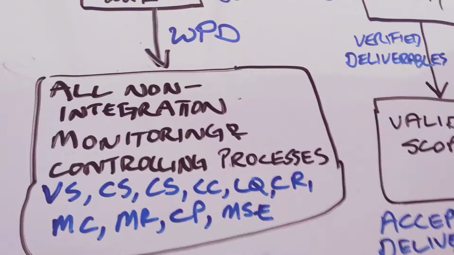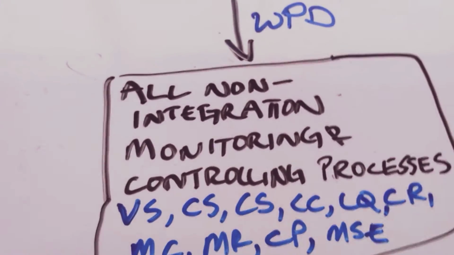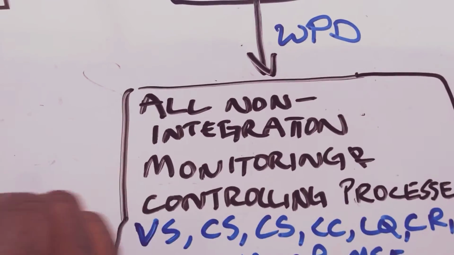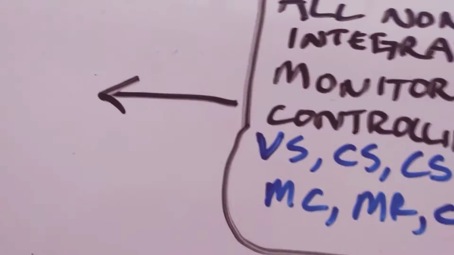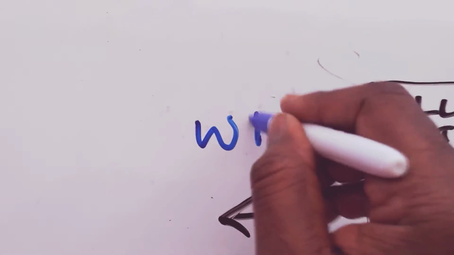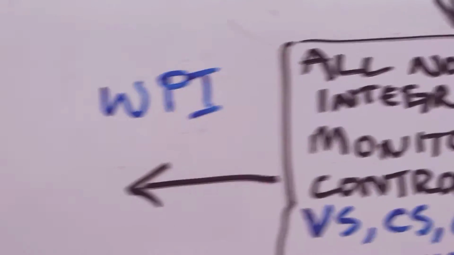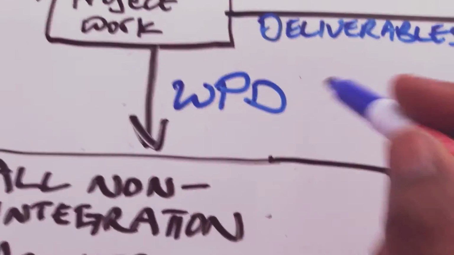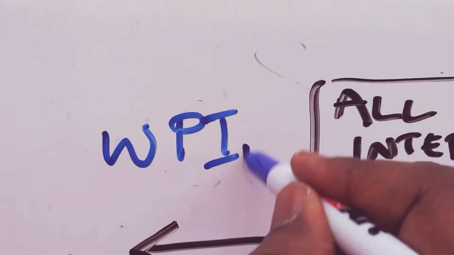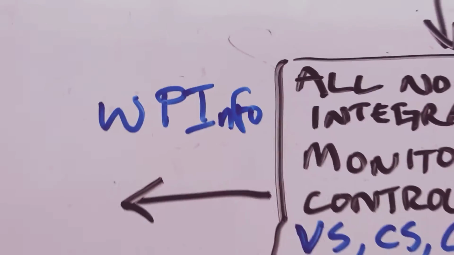From these processes, all of them, they will all give you an output. And this output is known as work performance information. Okay? This is work performance data. This is work performance information. Okay?